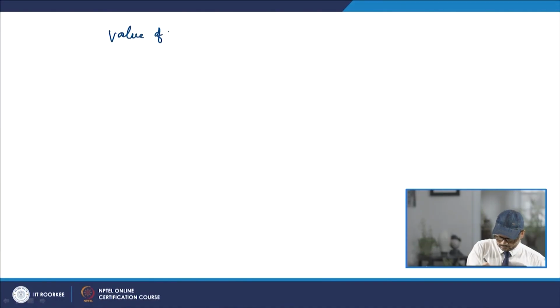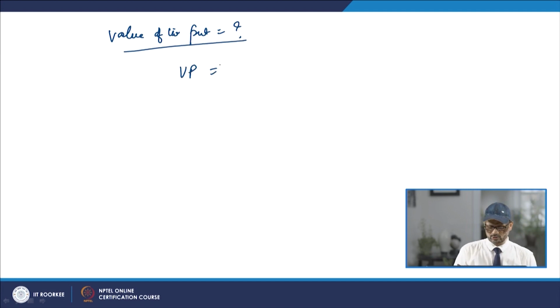If you have to calculate the value of the put, that value becomes VC plus CV of SP, and then it is subtracted by the MP.